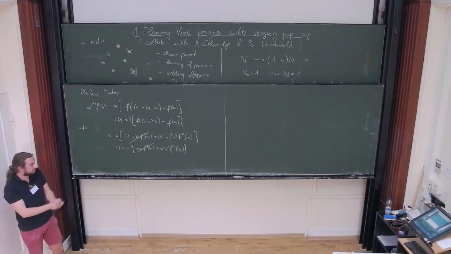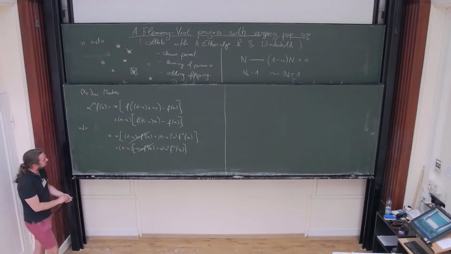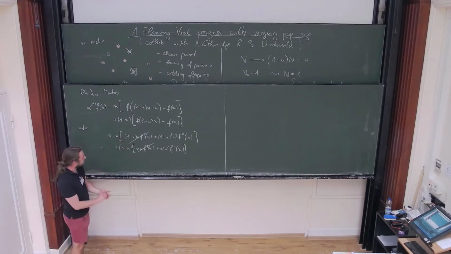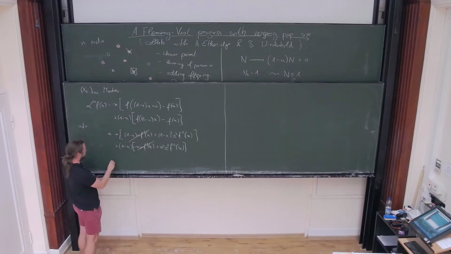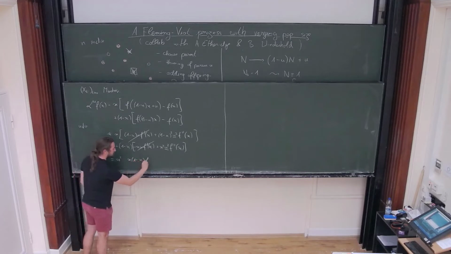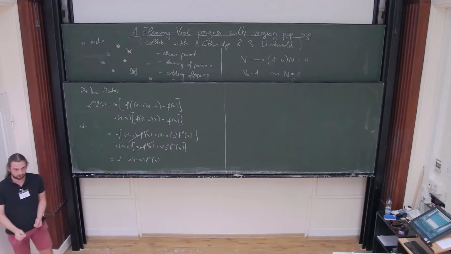We only see the second order fluctuations. And so what is left here is a term in u squared, and you may or may not want to believe me that this is actually just x(1 minus x) times the second derivative, if you compute that.